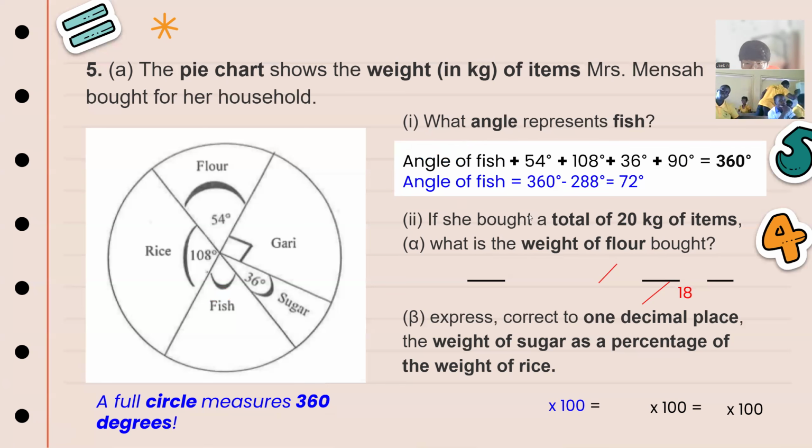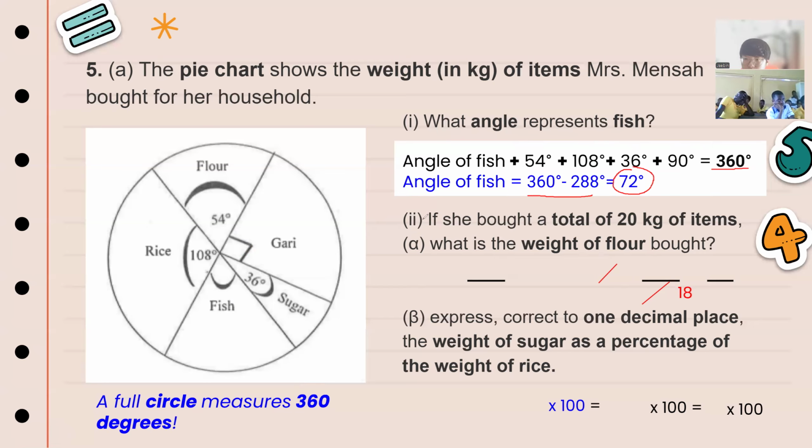The angle of fish plus flour, which is 54, rice, which is 108, and 36, which is sugar, plus gari, this symbol here, this one means 90 degrees. If you see this box, it's 90. And everything should be equal to 360. If you add all these together and subtract from 360, then you get 72 degrees. Great job.